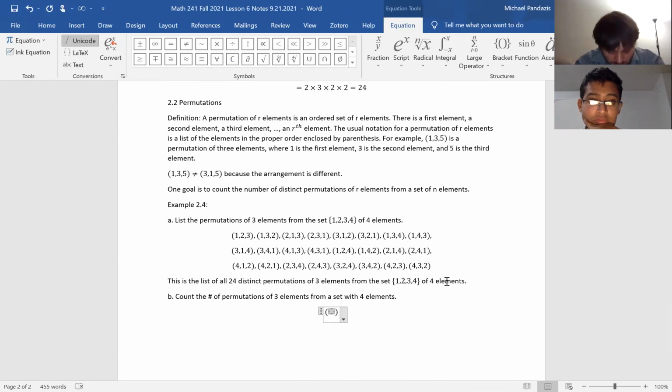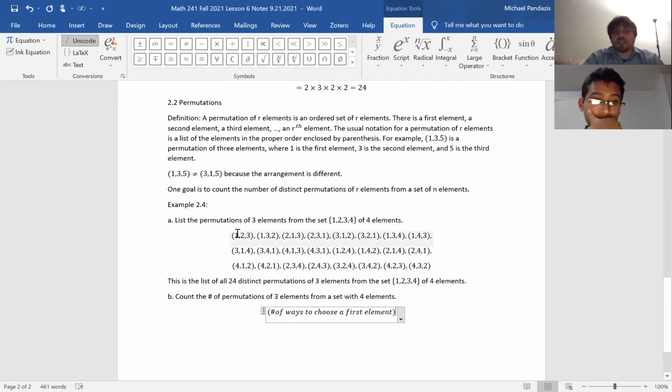So first you have to think, okay, what is the number of ways to choose a first element, right? Everything in this list is an ordered list of 3 things, so you have a first thing, and the number of choices is the number of ways to choose a first element.